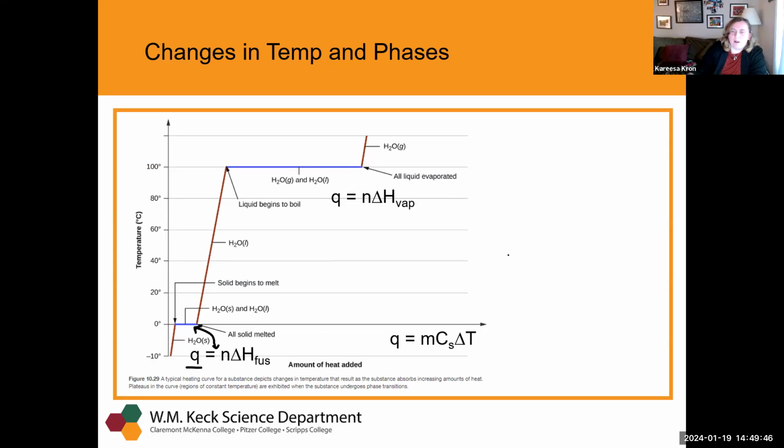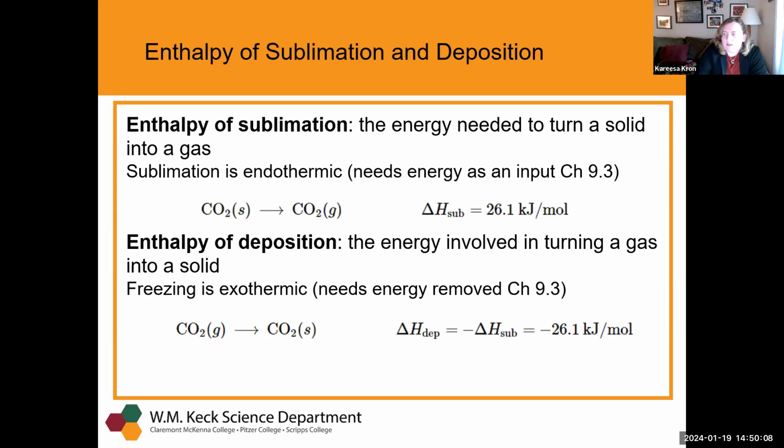And for this plot, we've been talking about water, and we've specifically been looking at pressure of the system, where we have water going to a liquid and then a gas as it melts. But if we have a system where we skip the liquid phase and we go straight from a solid to a gas or a gas to a solid, we also have similar enthalpies for sublimation and deposition, which is the energy it takes to turn a solid into a gas, which is once again endothermic.